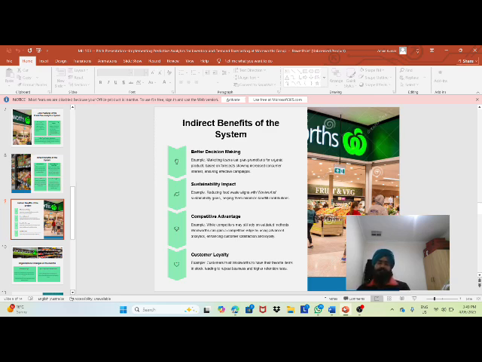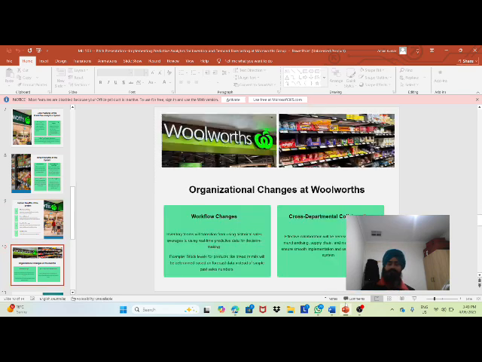Customer loyalty is also an indirect benefit of the system. Customers trust Woolworths to have their favorite items in stock, so they will have higher retention rates. So it also increases the loyalty of the customer towards Woolworths.